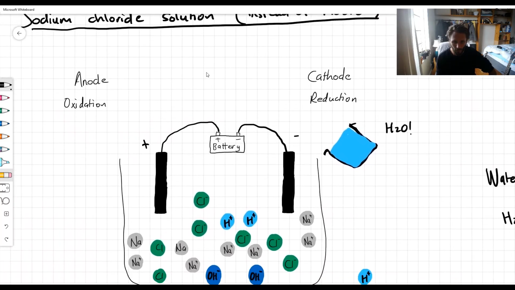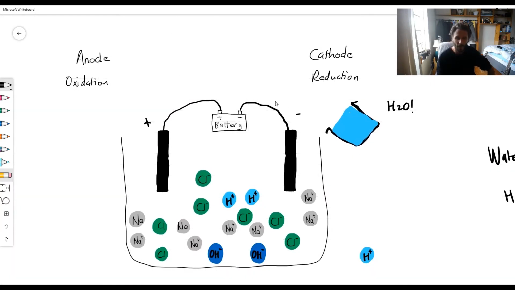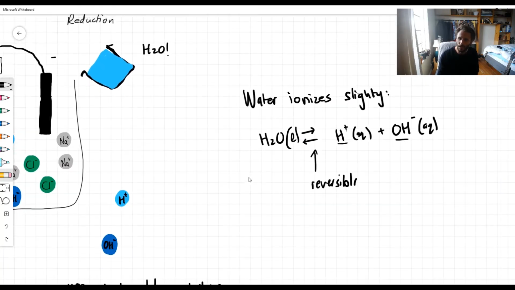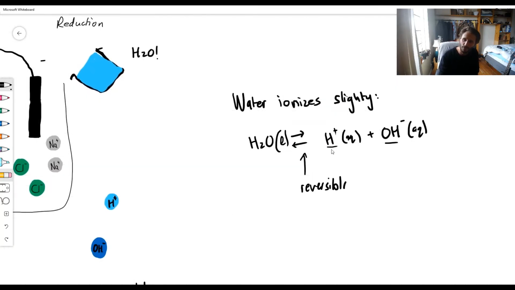Have a look here. So I've got a similar setup. I've got my battery. I've got my carbon electrodes. This would be the anode on this side because it's the positive side. Oxidation is going to occur here. Remember that mnemonic, AN OX, oxidation, and RED CAT. So we've added water. Now remember I said when water ionizes, it turns into ions.